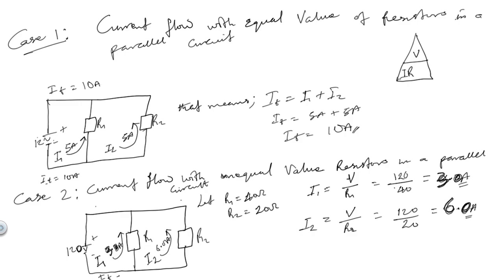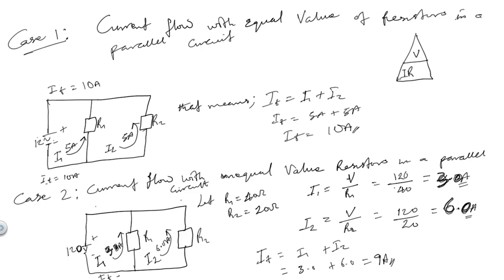So how do we get our equivalent current, I total? I total is equal to I1 plus I2, still the same case as when the values of the resistors are equal. We still find the total current the same way, which is equal to 3.0 plus 6.0, which is equal to 9 amps.